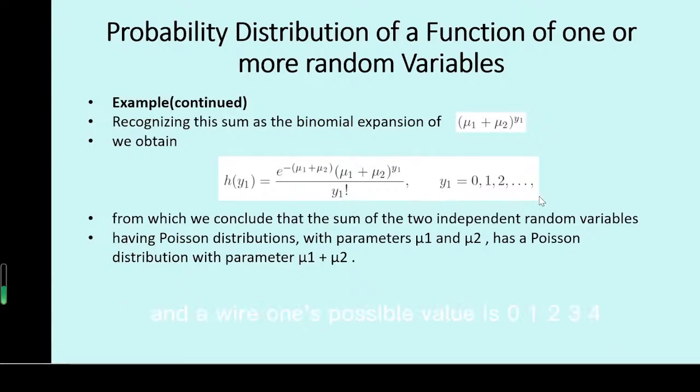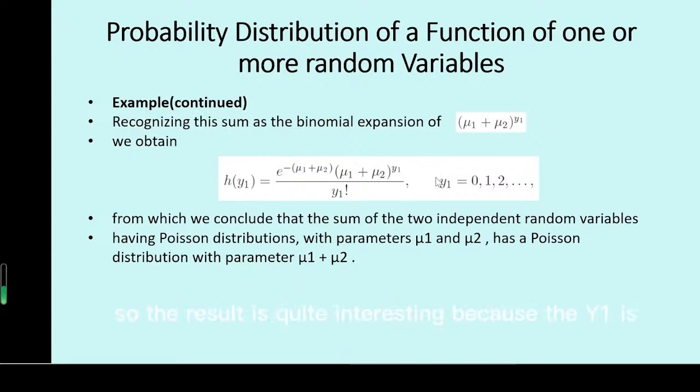And y1's possible values are 0, 1, 2, 3, 4, and so on for integers. So from this result we can conclude that the sum of two independent random variables having Poisson distributions with parameters mu1 and mu2 has a Poisson distribution with parameter mu1 plus mu2.